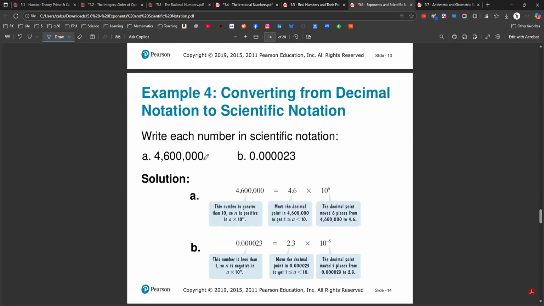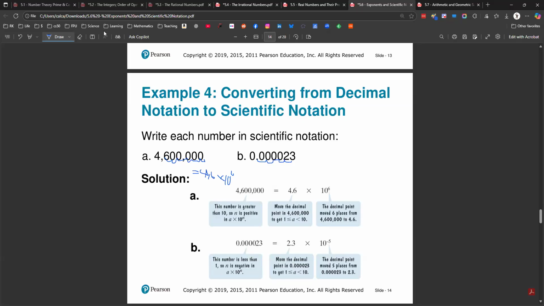So here, I put a decimal here, and I'm going to move it 1, 2, 3, 4, 5, 6. So this is going to equal 4.6 times 10 to the 6th. Likewise here, I'm going to move it 1, 2, 3, 4, 5.